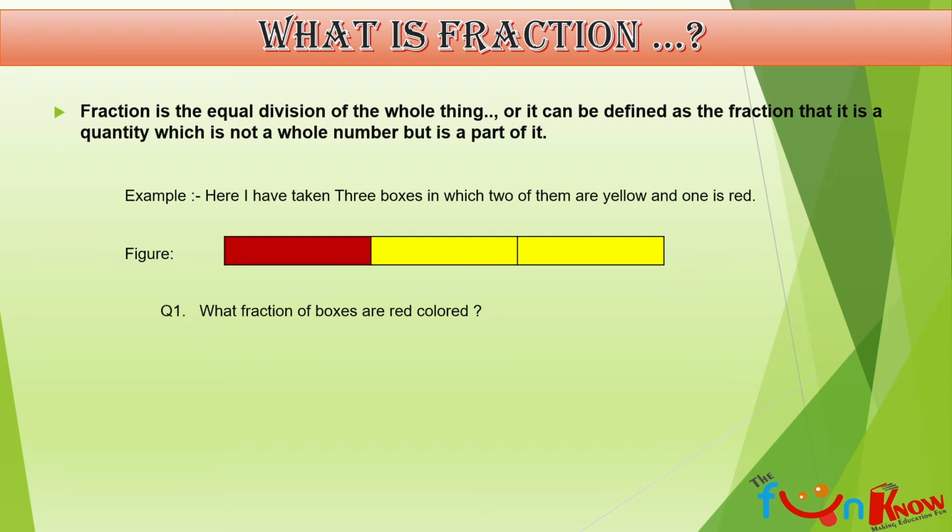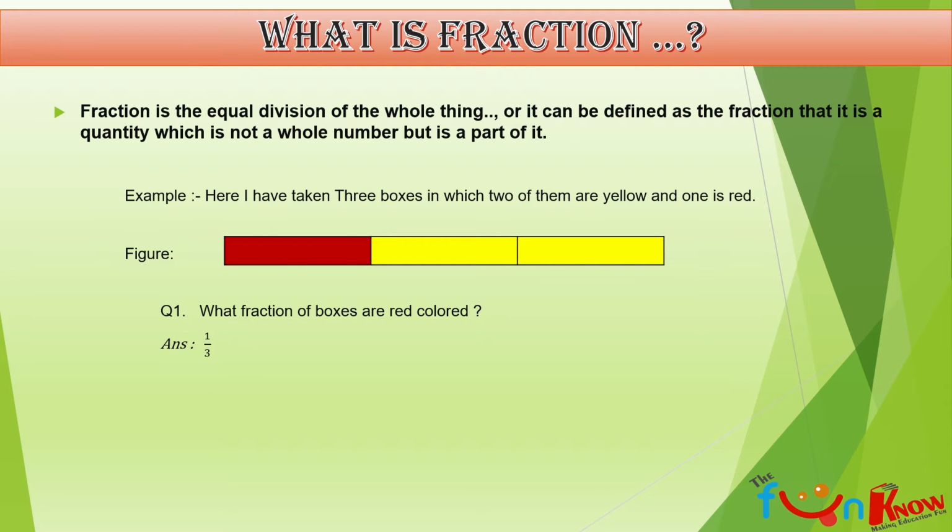Now the question is, students, tell me the fraction of boxes that are red. So if there are 3 boxes in total and one of the boxes is red, what will be the fraction? Yes, you're right, students. Total is 3 and the red box is 1. So our fraction will be 1 by 3.